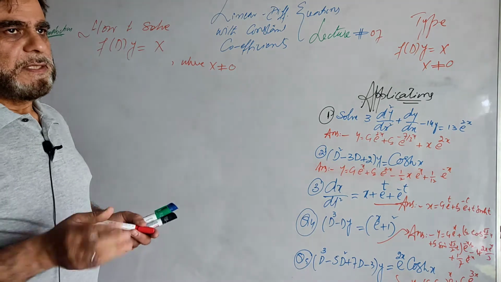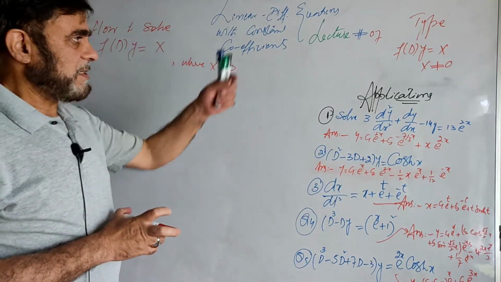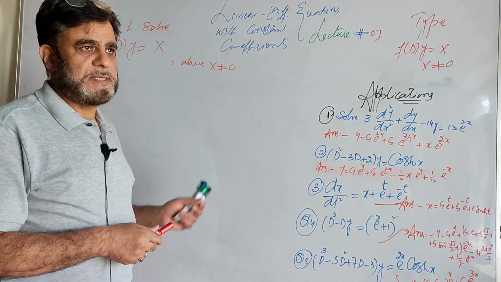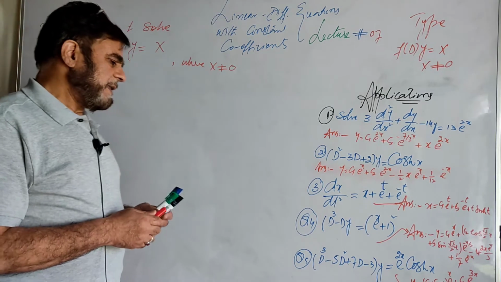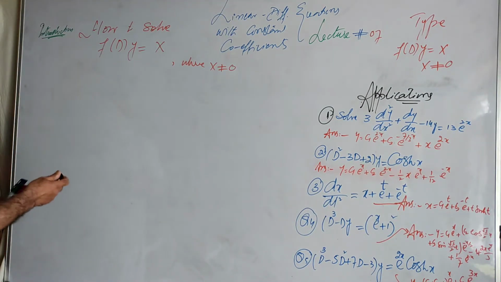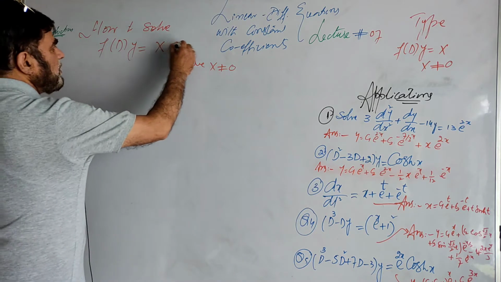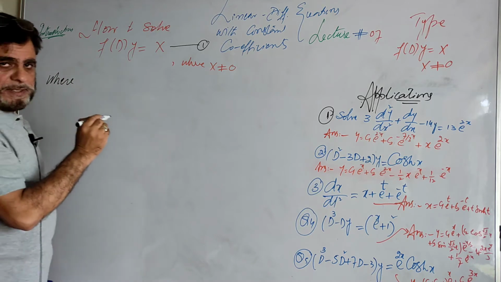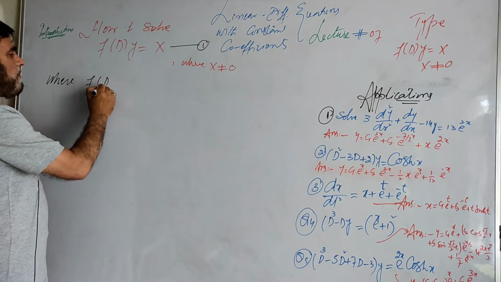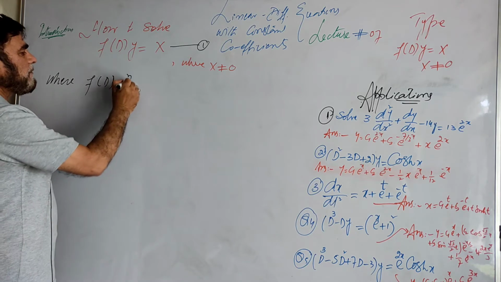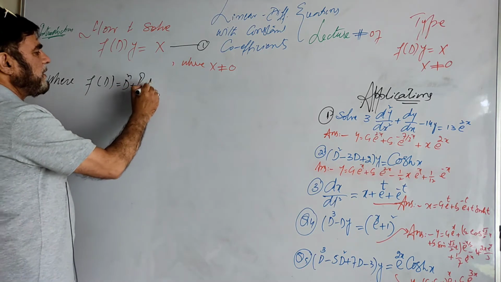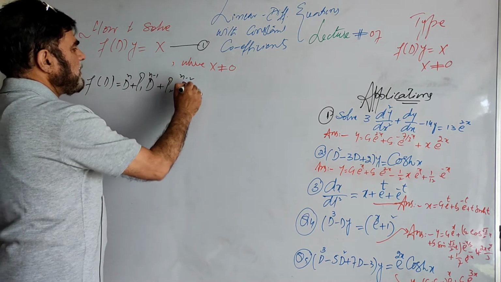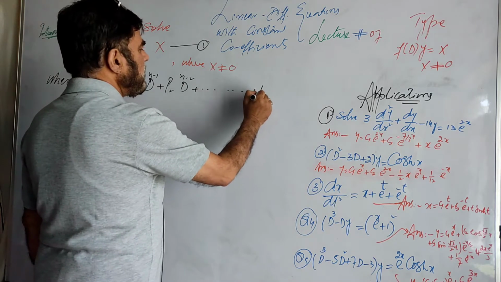For that you should switch back to previous lectures before lecture number 5, say the first or second lecture on linear differential equations with constant coefficients. There we have discussed it. Still I will write here, naming this equation number 1, where f(D) is the function of D: D raised to the power n plus p1 D to the n minus 1 plus p2 D to the n minus 2 plus and so on up to pn.